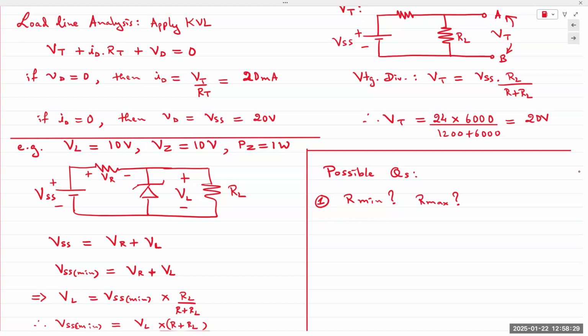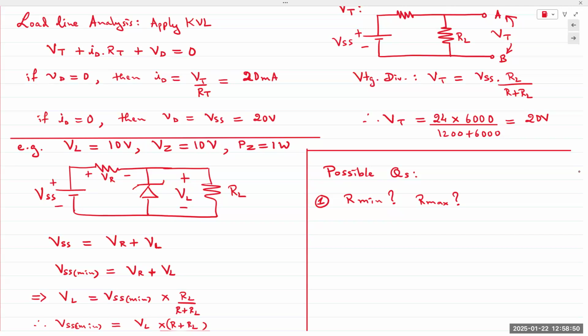So there's a maximum limit for that R value. The approach would be the exact same. And there would also be a minimum, because we do not want the current to exceed the limit. If the series resistor is low in value, the current going into the Zener diode will be high.